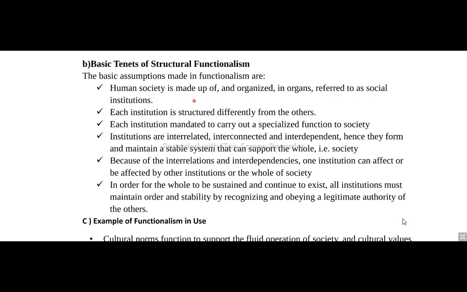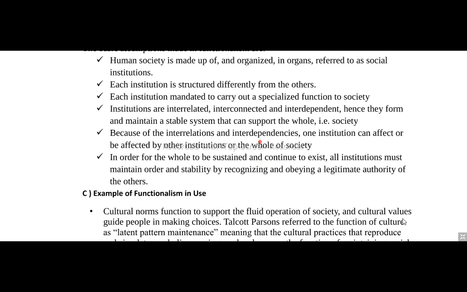Just like the body is made up of organs, so the human society is made up of those organs, and these organs are referred to as social institutions. Each institution is structured differently from the others. Structured is how it is organized.